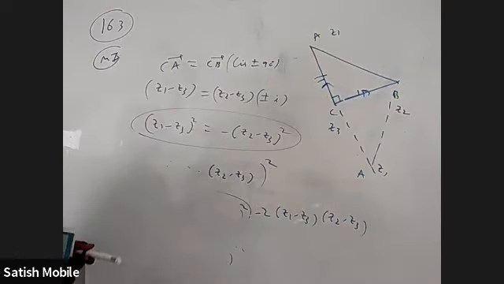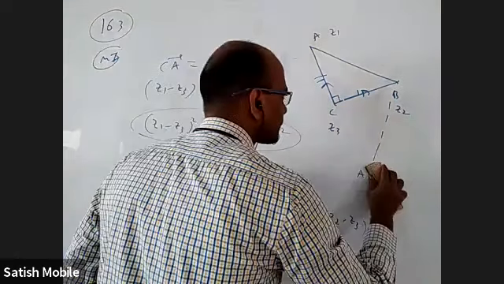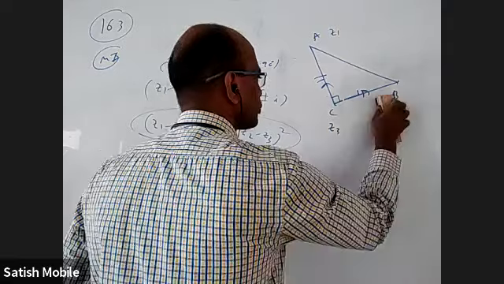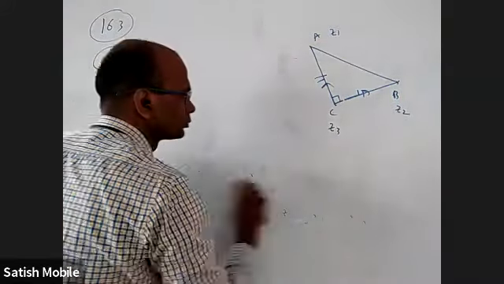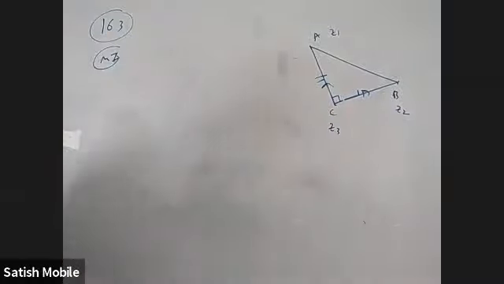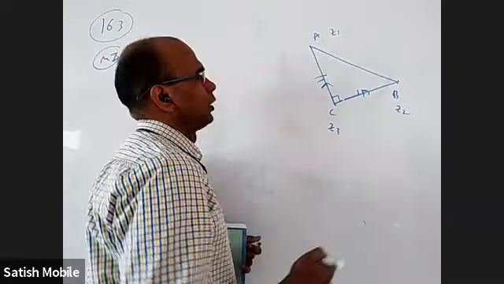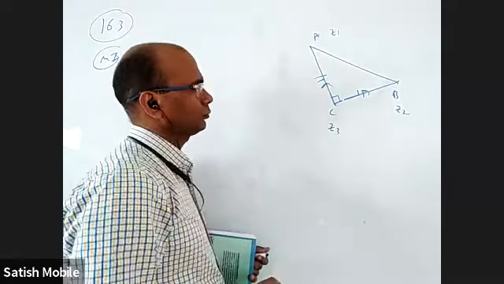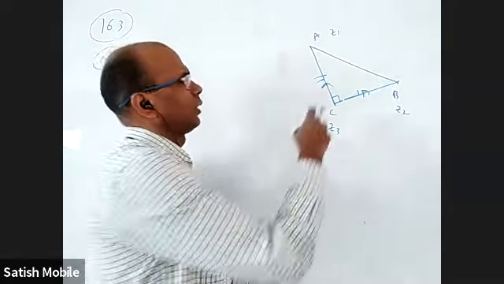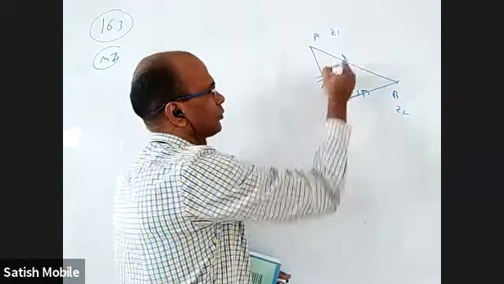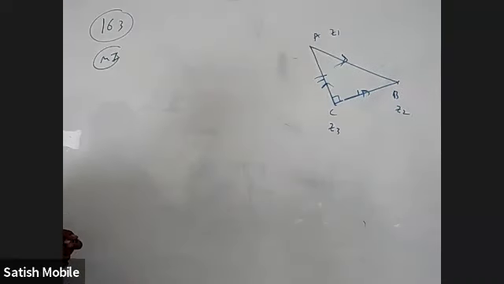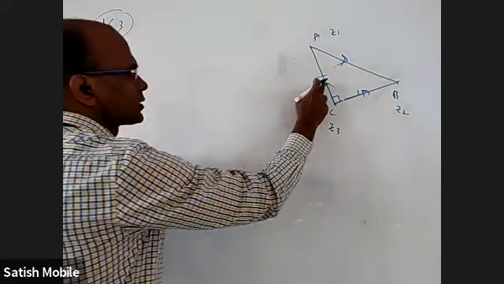Okay, let me discuss another method for this. I want to write this vector in terms of these two. Let us see if somebody can come up with something easily.